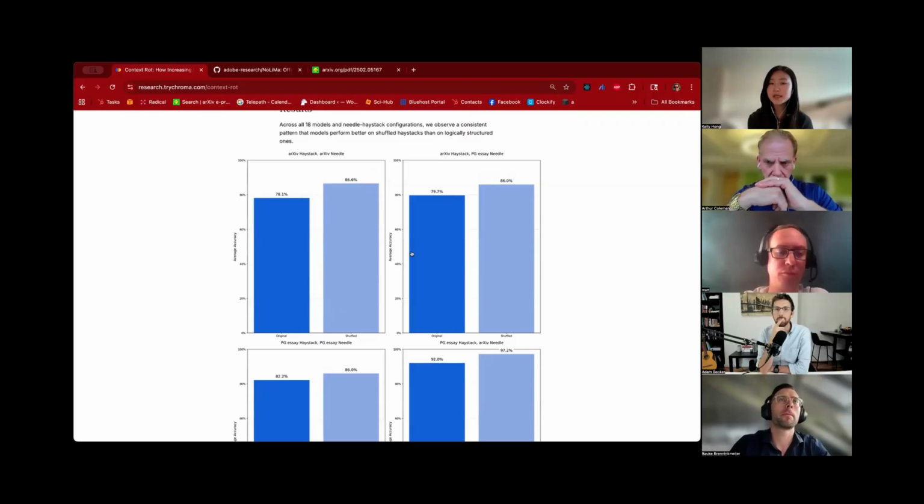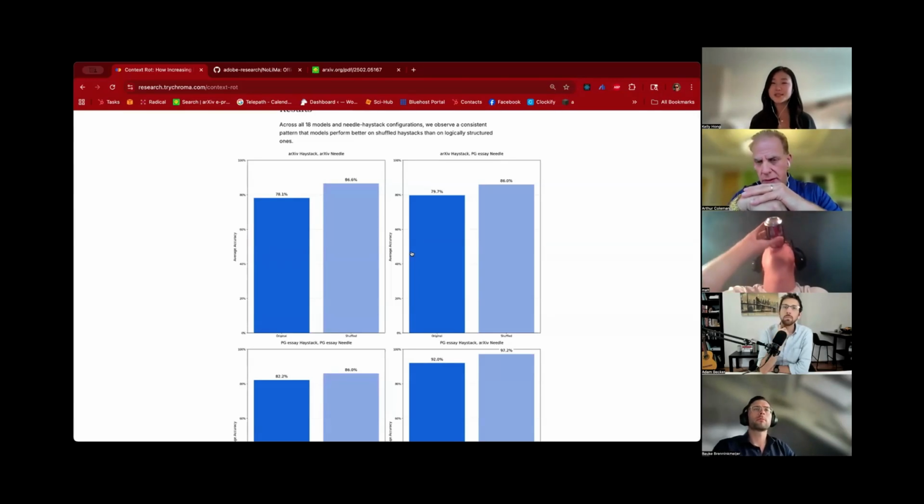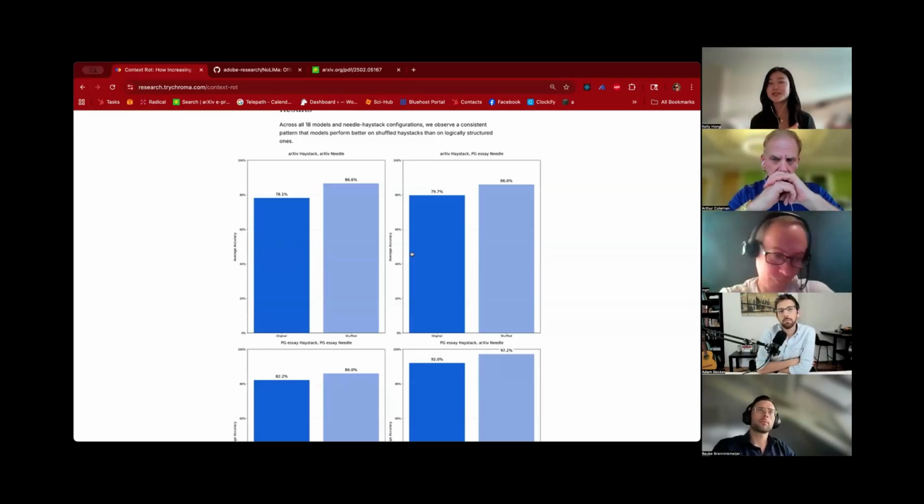Yes, I think for the haystack structure experiment, I wouldn't say there's a practical takeaway, because the main motivation for this was to see how structure impacts LLM behavior. Ideally, if you're working in a Q&A or retrieval scenario, you would want to limit as much irrelevant context as possible, so you wouldn't want to have those chunks in the first place.